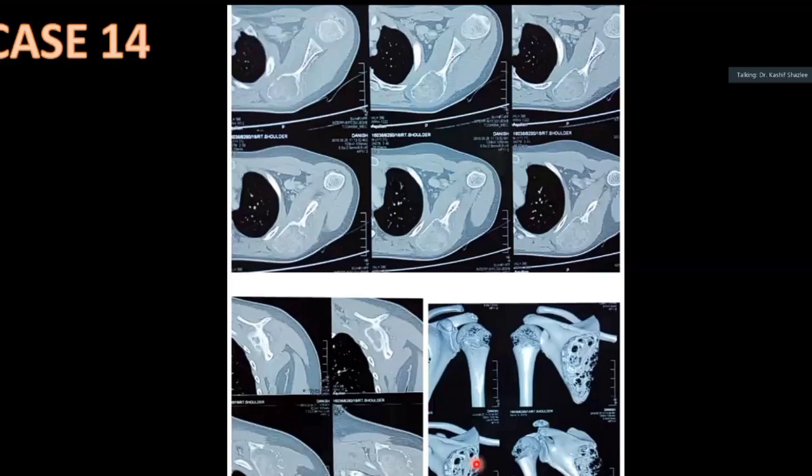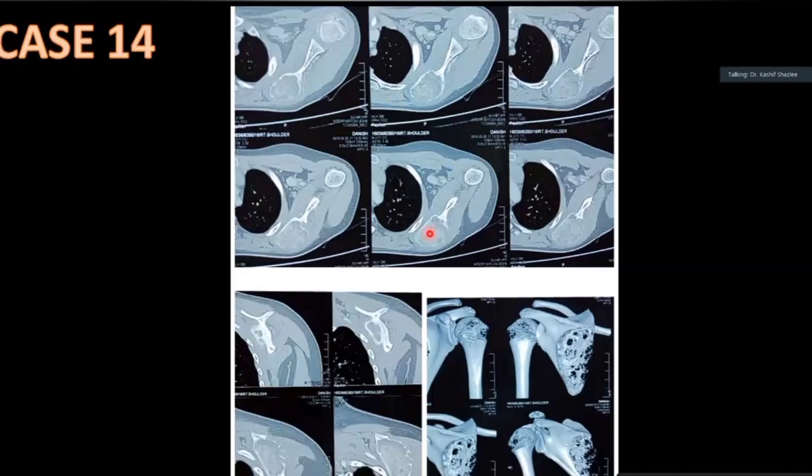And on reconstructed images, you can see that there are so many internal laminations and septi, bony septi. Okay. So the differential diagnosis for this would include aneurysmal bone cyst and fibrous dysplasia. Okay. And actually this was the diagnosed case of aneurysmal bone cyst, biopsy proven. Okay.